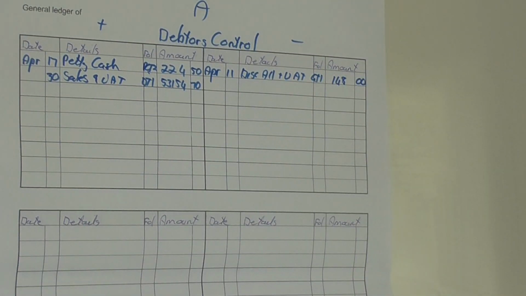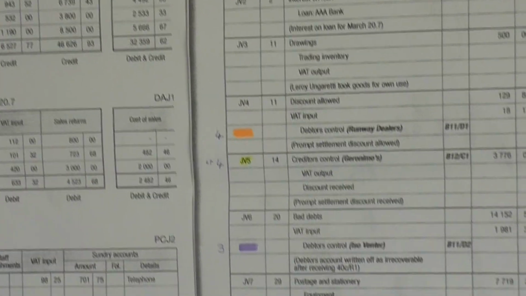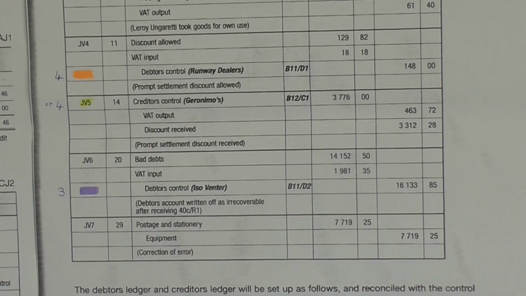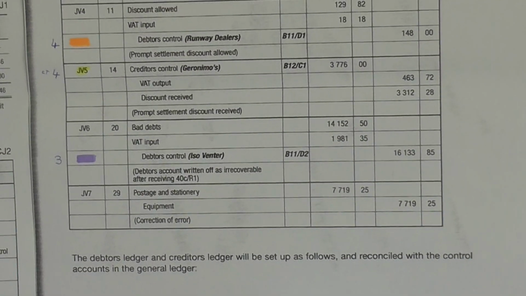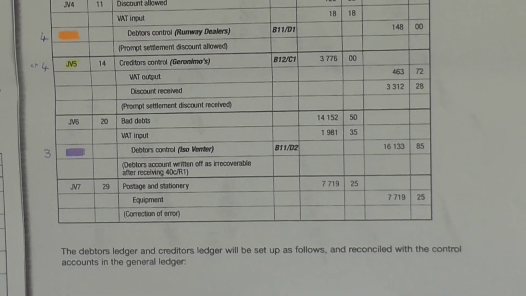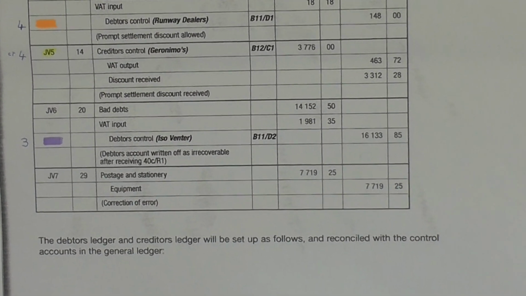Then the other one, okay, debtors control. You're just looking for everywhere where it says debtors control. There we go, debtors control of Isofenta. That amount is 16133. Also gets credited. That was bad debt and VAT.